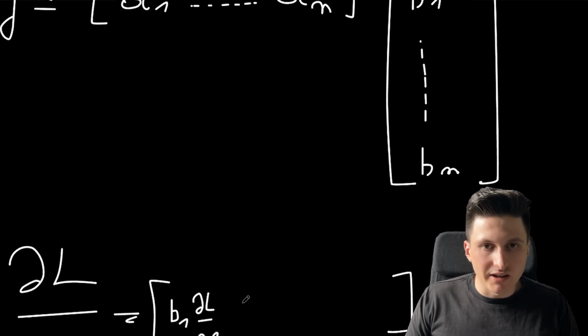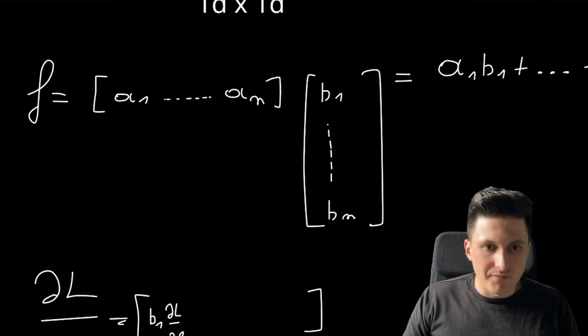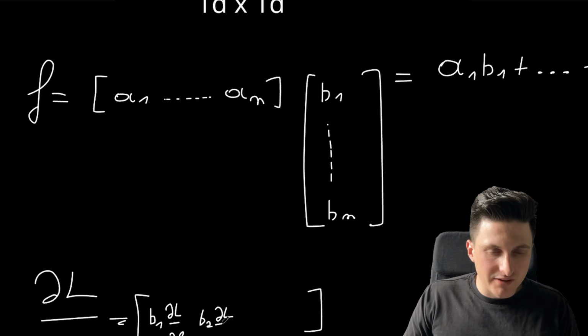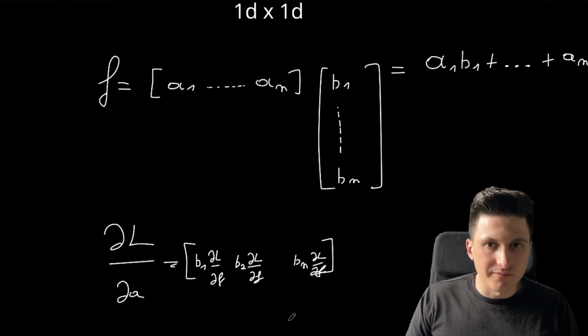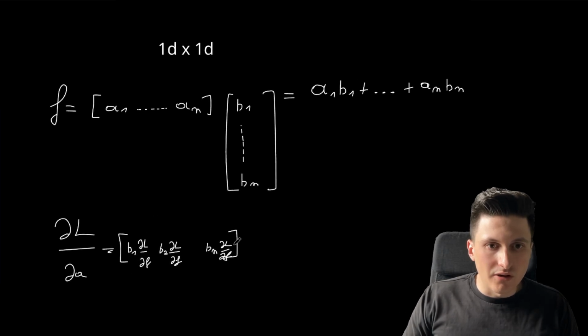And then on the second position, it will just be B2 times this output derivative, and on the next it's Bn times the output derivative.